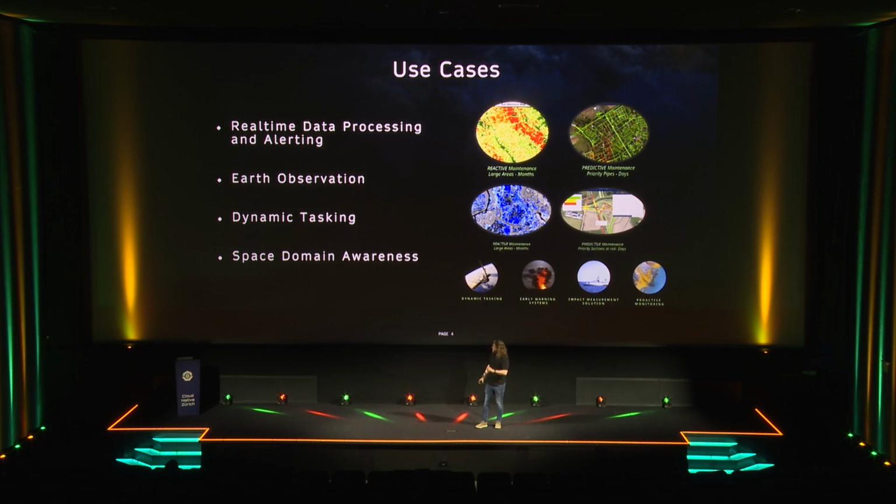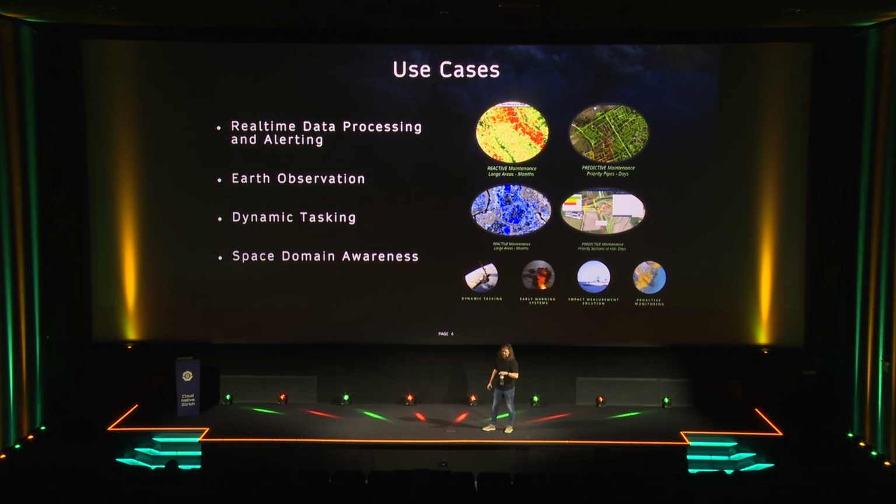On those IONs, we obviously have compute infrastructure, compute nodes. There's a computer that controls the satellite, but then we have all our processing capabilities, and after we've deployed satellites, we can reuse that for all our purposes. Some of the use cases are mostly real-time data processing and alerting in the likes of Earth observation, so things like infrastructure monitoring or wildfire alerting, this kind of first responder task.